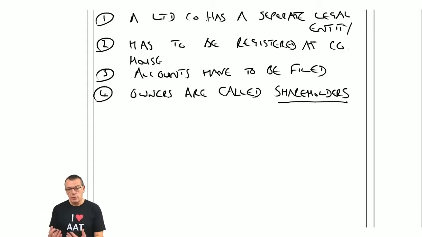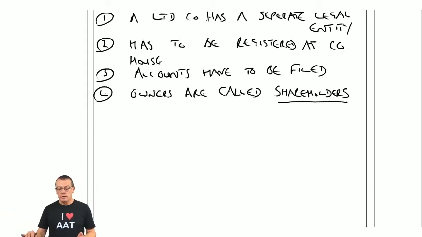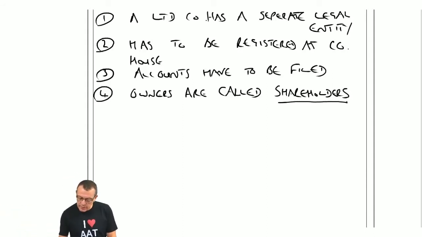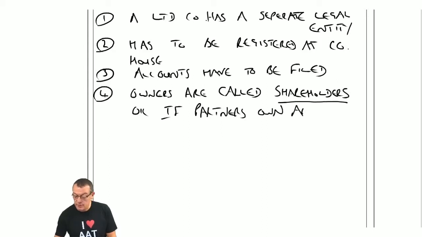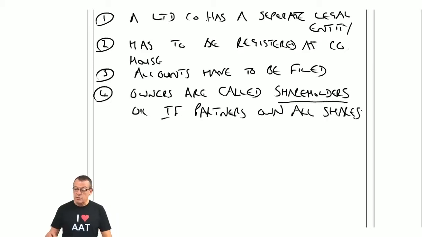However, if you're taking on more shareholders, which you can do, then the partners' ownership is probably diluted. So, I'm going to just elaborate and say, okay, if partners own all the shares. Okay, so that covers that bit. So that's the owners there.